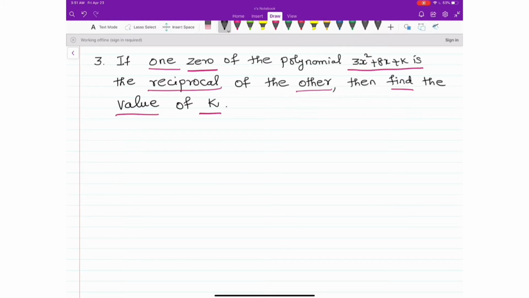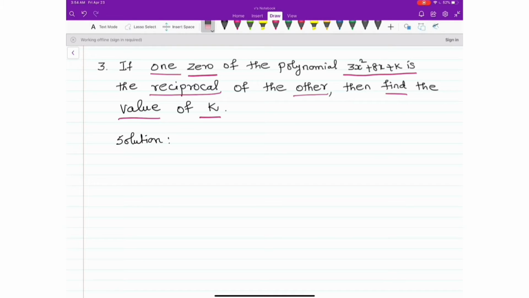Let's do this sum now. Solution. Here the given polynomial is in x. So let us take f of x is equal to 3x square plus 8x plus k.